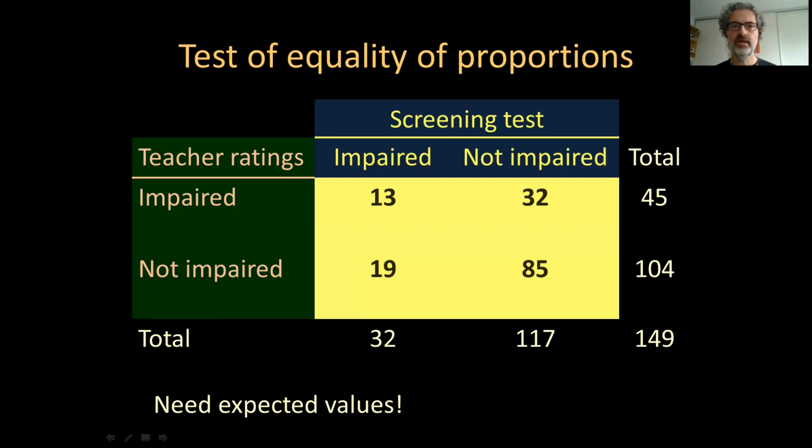We're hoping they're not unrelated, that teacher ratings are related to the clinical results. In other words, that teacher ratings are useful indicators that can be used as early screening. And to be able to conclude that, we must be able to reject the null hypothesis that the two variables are unrelated, which is the same as the statement that the proportions are equal.